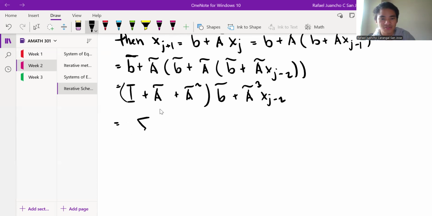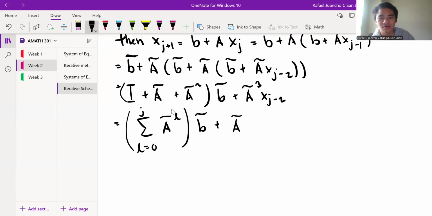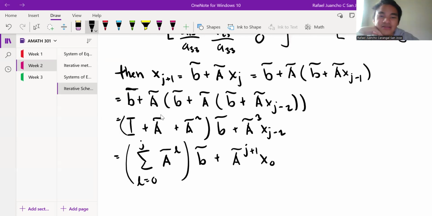So this goes summation from L equals 0 all the way to j, A tilde L, and then I'm going to multiply that to B tilde, plus A tilde j plus 1 times my initial point x naught. So he was able to derive all of that, right? Still curious though, how did he get the identity matrix?